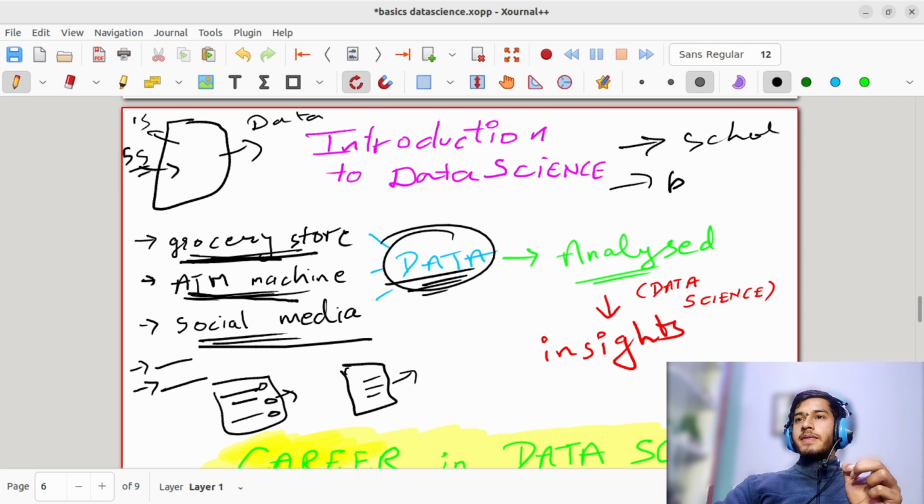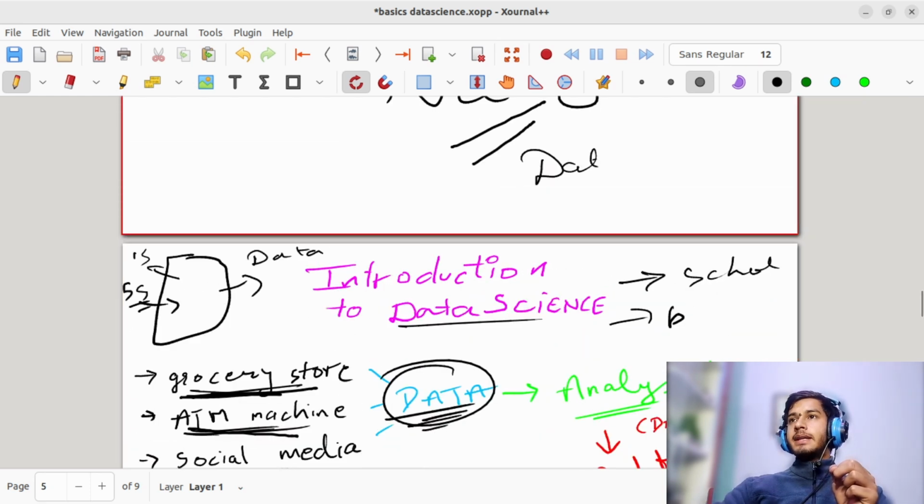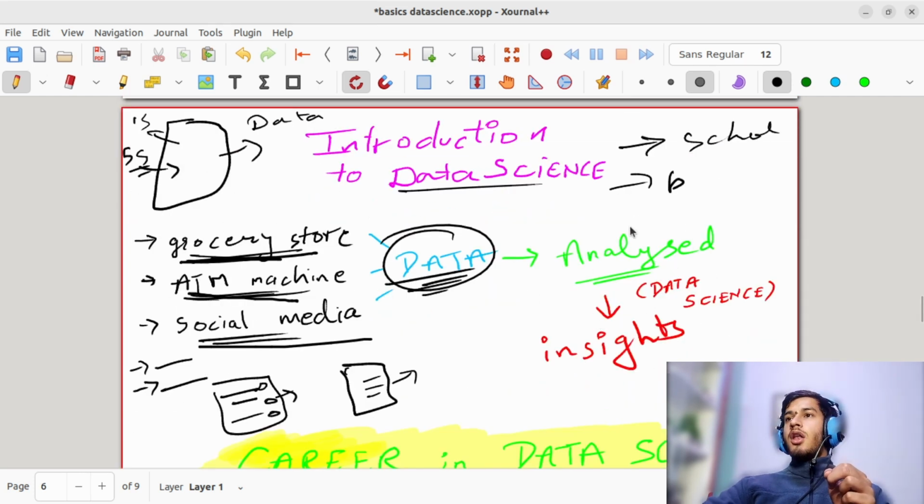Then the data is analyzed through data analysis. These are two different terms: data science and data analysis. This data will be analyzed by a data analyst, whose job is to analyze the data. Once the data is analyzed, the insights will be found, or predictions will be made using this data with the help of data science.